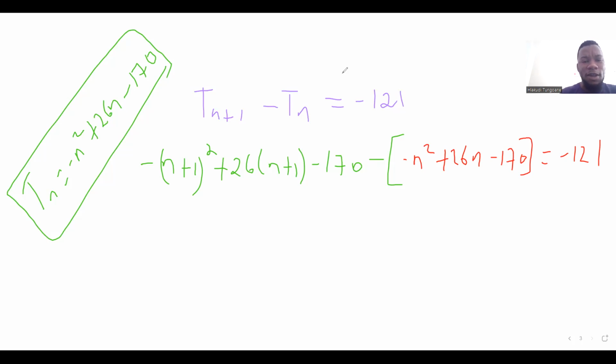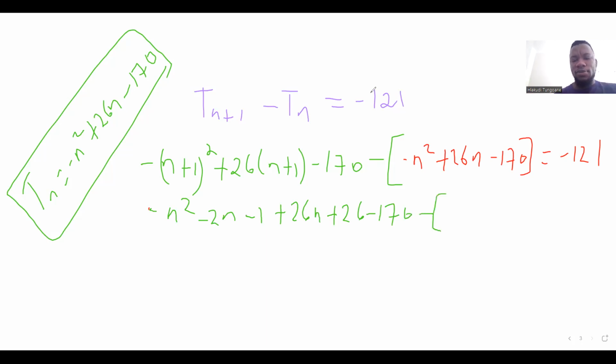If you multiply out, then you're going to have minus n squared, minus 2n minus 1, plus 26n plus 26 minus 170, right?